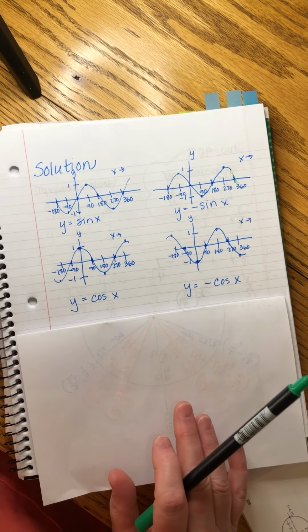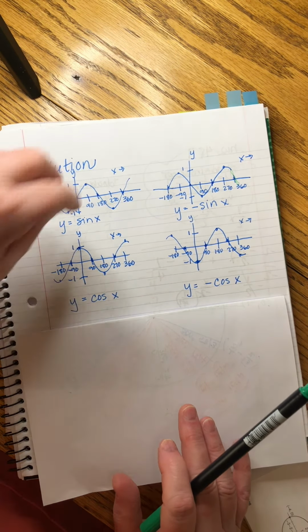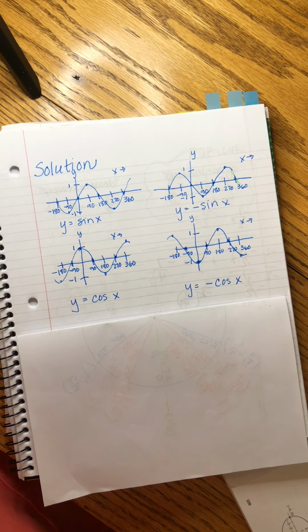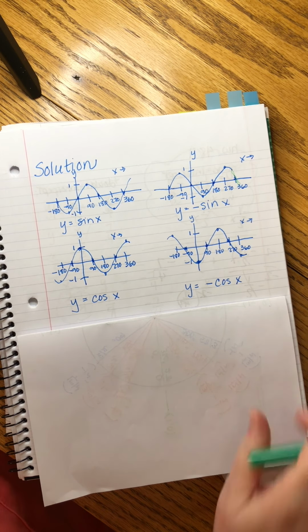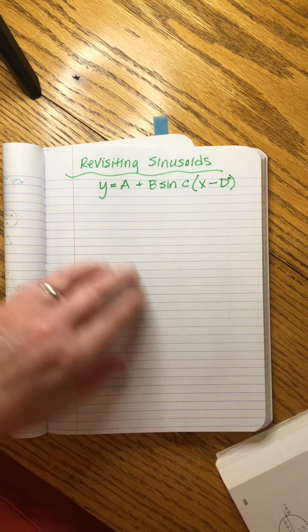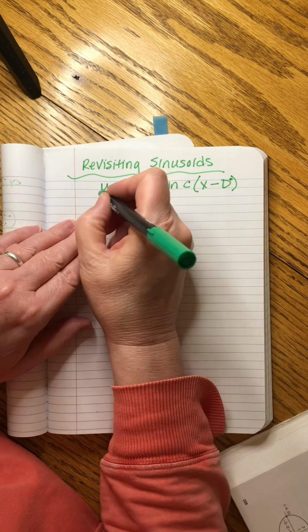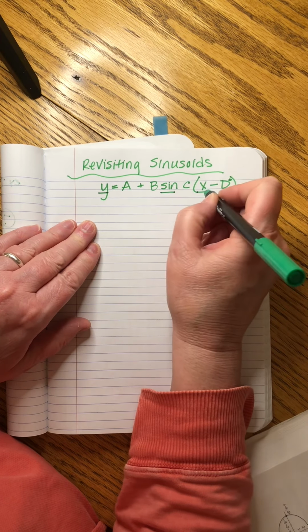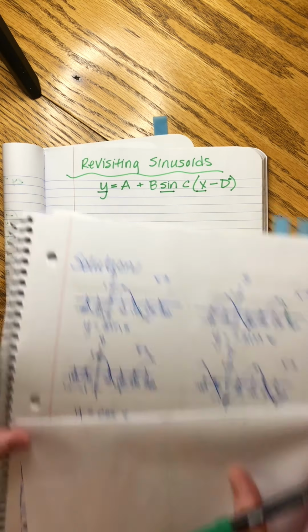So now what we're going to do is take a look at how we can take these basic functions and make them more complicated. There are 4 different variables that we can play with. Here's our original function, y equals the sine of x, right? That's how it looked here.